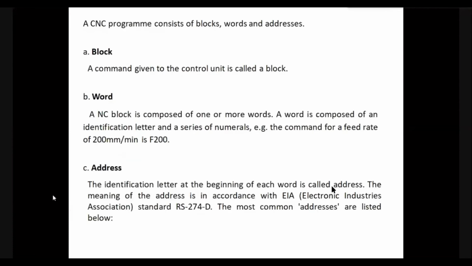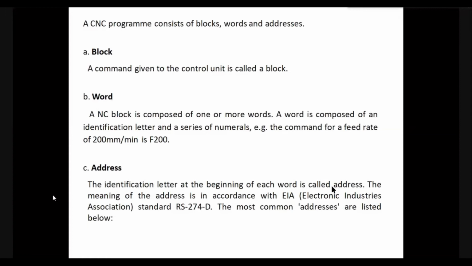Here, a CNC program consists of blocks, words, and addresses. And I shall give you the details just to try to understand what definitions will be there in part programs. So number one is a block. A block is a command sent to the control unit. Okay. So a word, an NC block, is composed of one or more words.